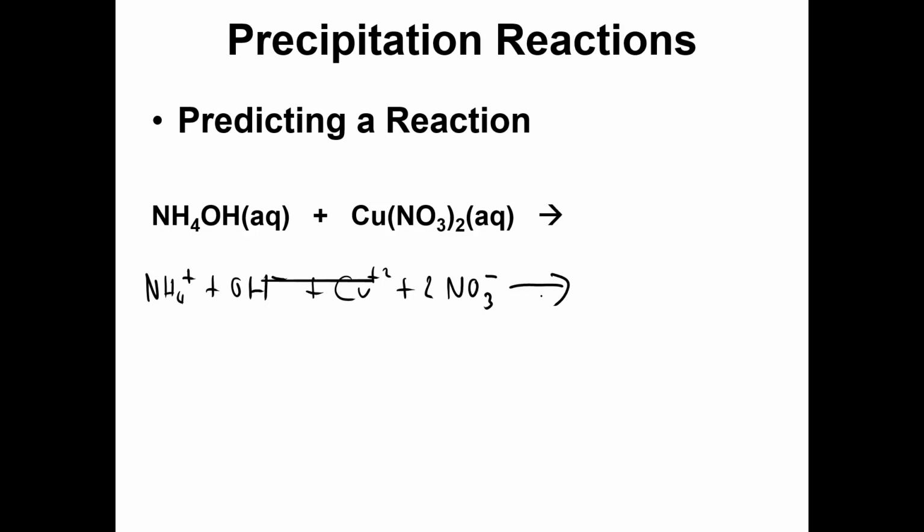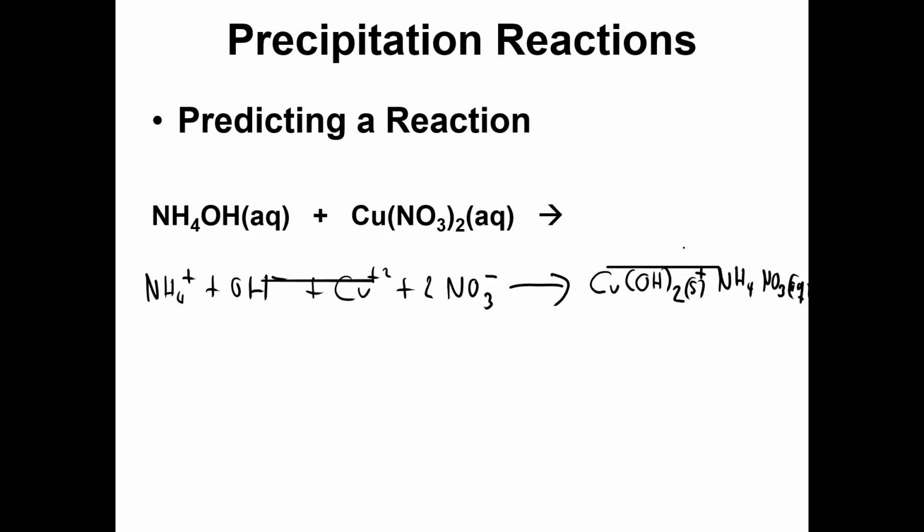Okay, so it's going to be the copper hydroxide that precipitates out, right? Copper is not one of the exceptions. So it is Cu(OH)2 that precipitates out. And then we get ammonium nitrate, NH4NO3 aqueous.